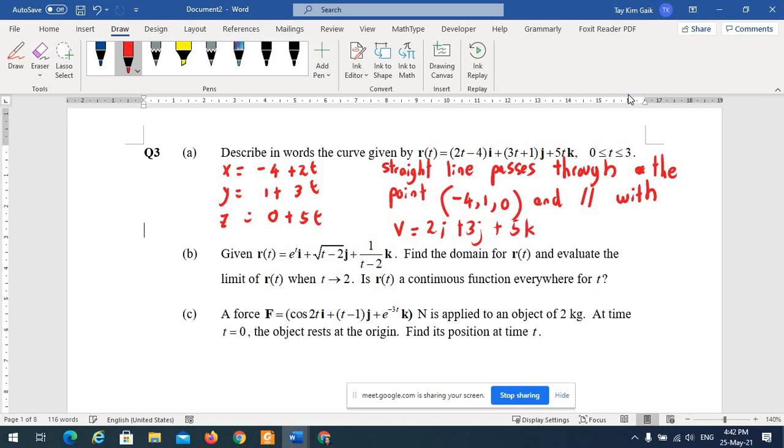In the parametric equation we can only know the point it passes through and the vector. With 1 point we cannot draw the straight line, you must have 2 points. But if we know the direction is parallel with 2i plus 3j plus 5k, then you can draw it parallel with this vector. So you get a straight line passing through this point and parallel with this vector v. So this is the answer.